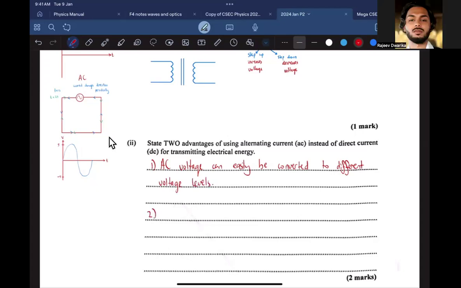Part 2, AC voltage can easily be generated, so more cost effective.